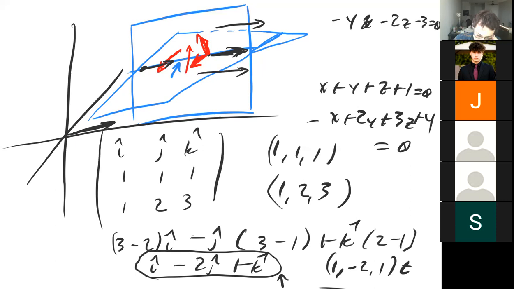Okay, so that's one equation that satisfies both of them just by subtracting. And then you get y minus 2z is equal to 3. And that's one equation. And now we just have to find an x that's going to satisfy both of these, okay?